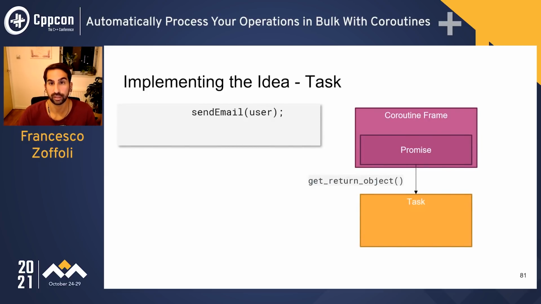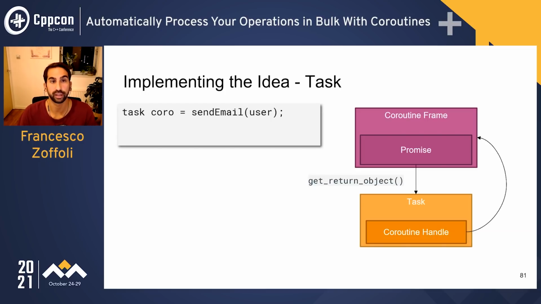This is going to create a task and initialize it with a coroutine handle pointing to the coroutine frame associated with the coroutine. Then our initial suspend is going to be called and co-awaited, and this suspends the execution immediately. So the execution goes back to the caller, and we are going to return the coroutine, the task, to our function.